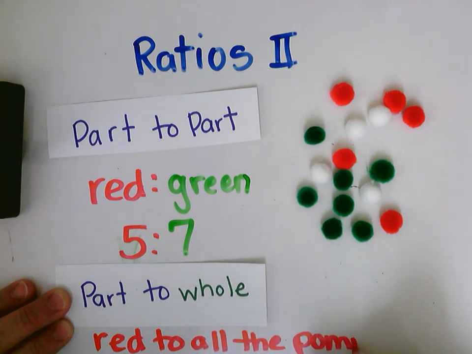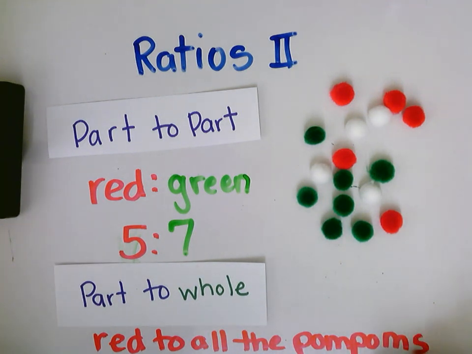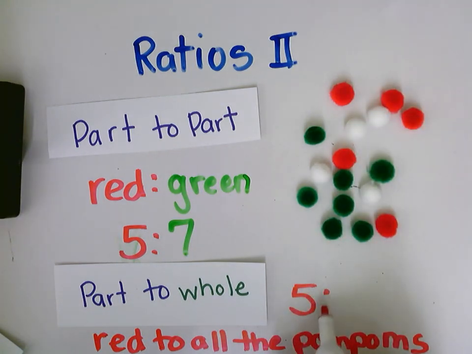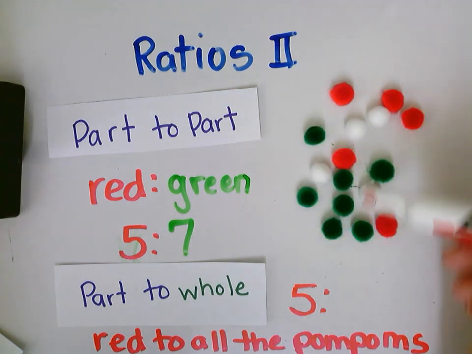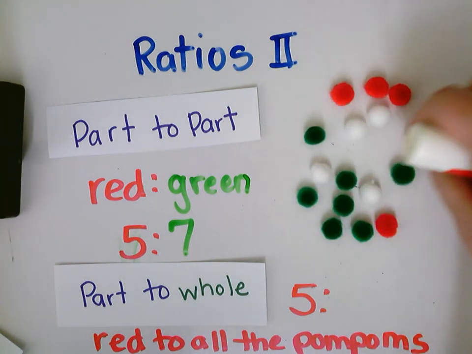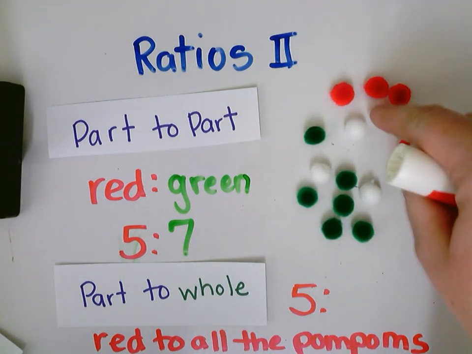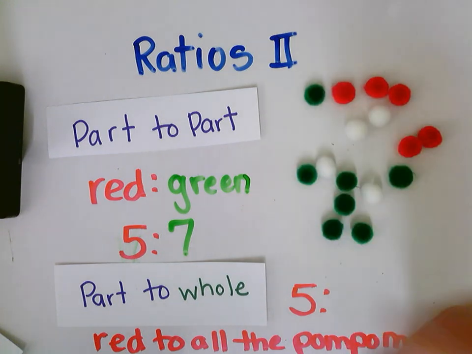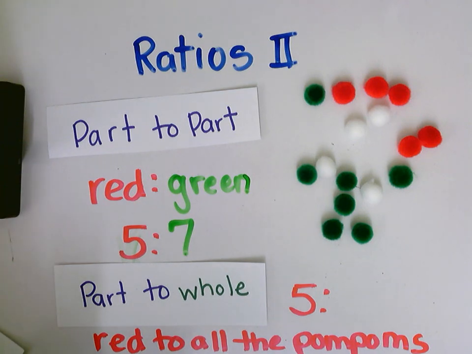Okay, so I want to know the ratio of my red pom-poms to all the pom-poms, right? So for that ratio, I would count my reds, 1, 2, 3, 4, 5. So that's still 5 reds, but then I'm going to count my total amount. So my 5 reds, 6, 7, 8, 9, 10, 11, 12, 13, 14, 15, 16. I have 16 pom-poms all together.